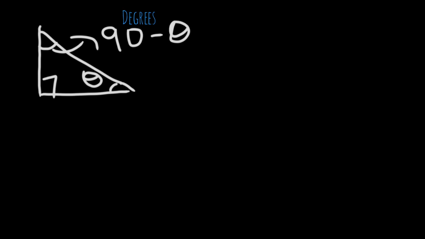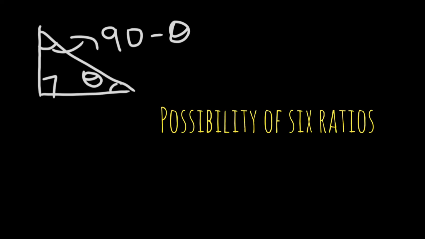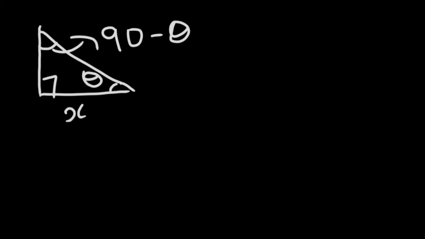Let's draw a right angle triangle for now. This is theta, we know, and this is 90 minus theta, and this is the right angle, which is 90 degrees. In the last video I mentioned the possibility of 6 ratios for a triangle. First I'll represent the lengths of this triangle. x, y, z are the lengths of the sides of the triangle.